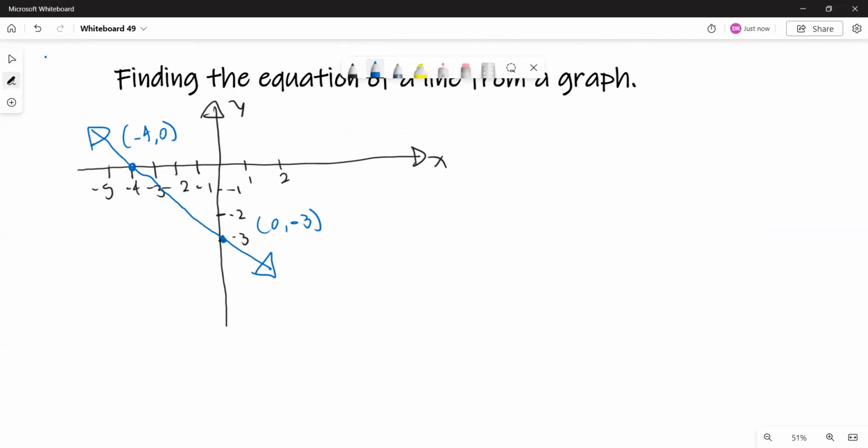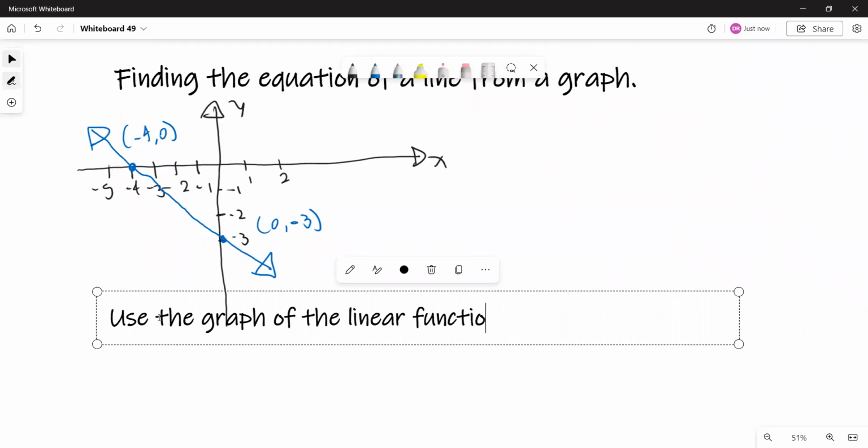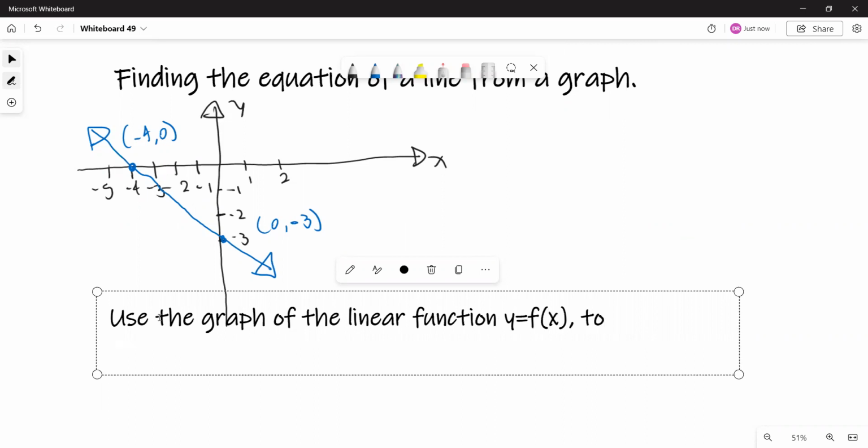Given this graph, we're going to use the graph to find the slope and intercepts of the linear function y equals f of x.